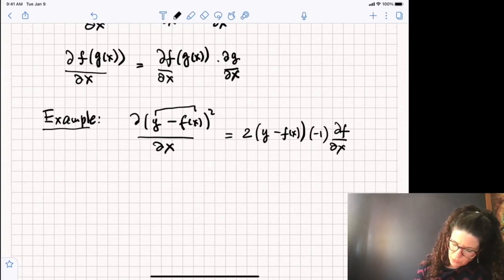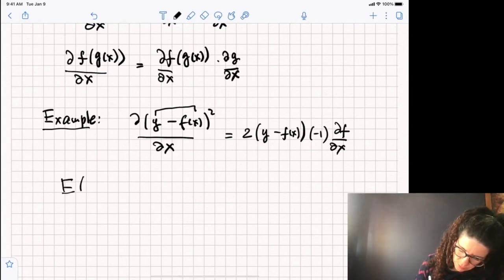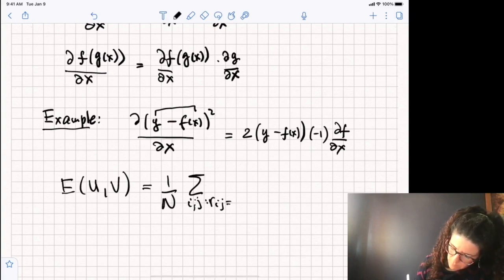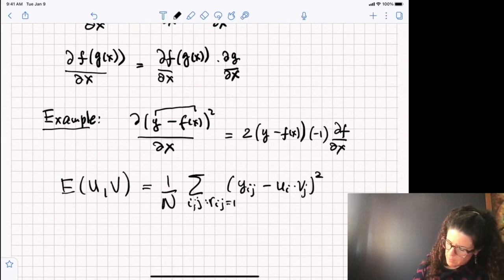So remember we have our function E of U and V. What are the derivatives we are actually interested in?